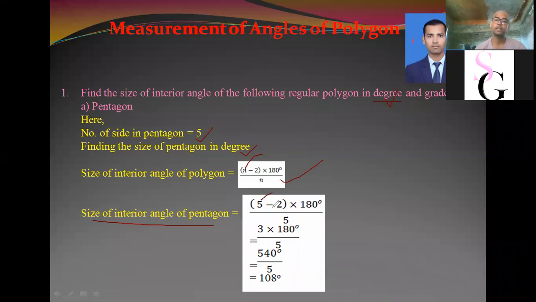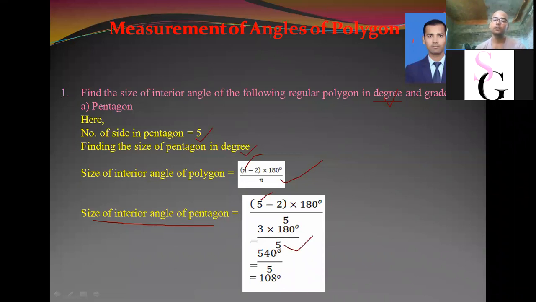So here, (5 minus 2) into 180 degree by 5. When 2 is subtracted from 5, we get 3, so 3 into 180 degree by 5.